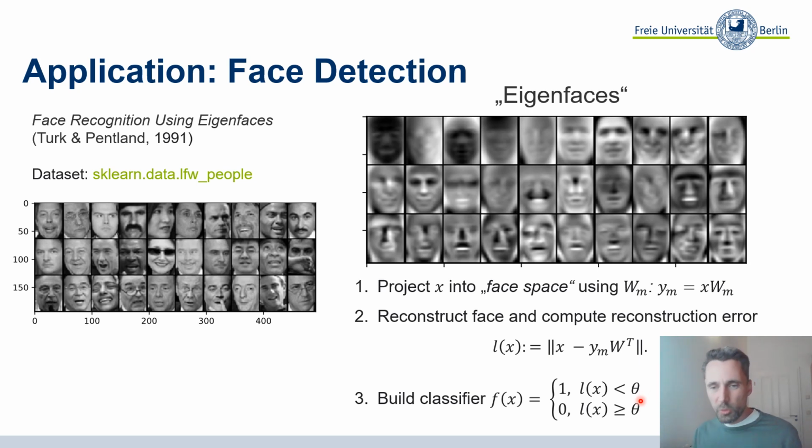And if the loss is smaller than this threshold, then we say that's a face. And if the loss or the error is larger than this threshold, then we say it's not a face. It's a very simple algorithm, and I think that's a very nice idea how to use PCA.